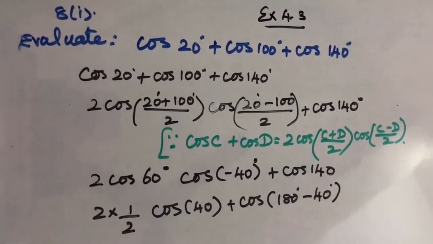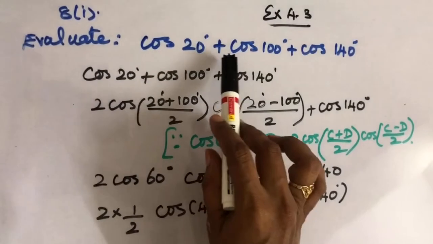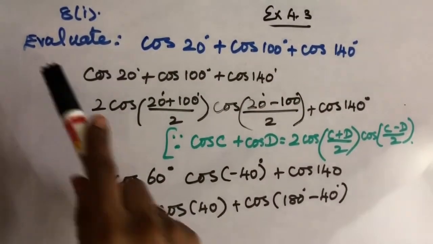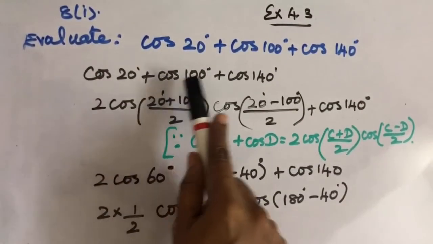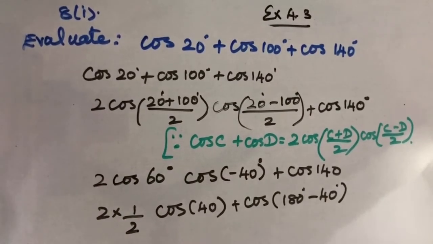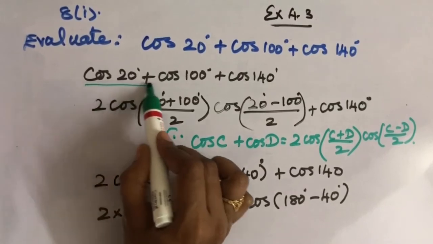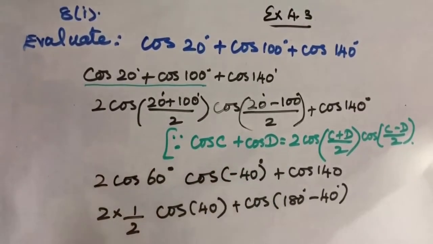First subdivision in 8th problem. Evaluate cos 20 plus cos 100 plus cos 140. We have to find the value of this expression. So, cos 20, cos 100, cos 140. Okay. First, we will take these two, cos 20 plus cos 100, and I apply the cos C plus cos D formula.